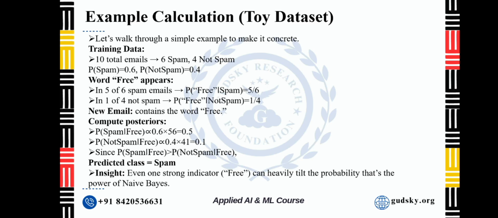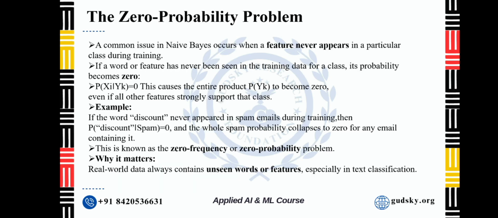Now if we go to the next slide, there we have the zero probability problem. But wait, there is a small issue that can occur during training. What happens if a particular feature never appears in a class during training? For example, if the word discount never appeared in the spam emails during training, then P of discount given spam equals 0. Now remember, naive Bayes multiplies all these probabilities together.